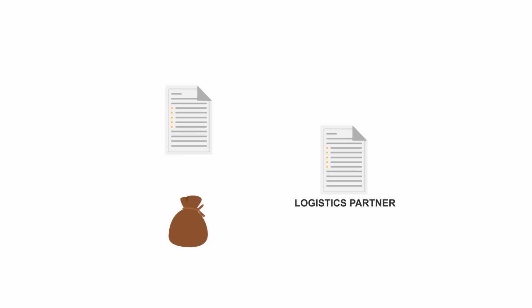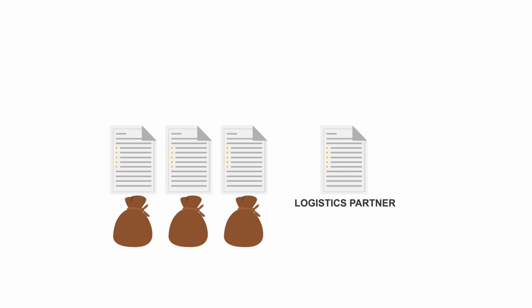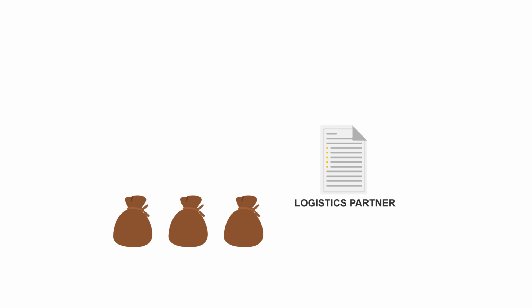Secondly, we require 2 copies of the invoice against every PO. The first one must be handed over to the logistics partner and the second one is to be packed inside the mother bag. If more than one mother bag is used to pack items of a single PO, then each of the bags should have a copy of the invoice.